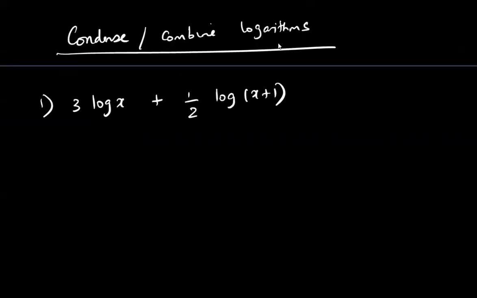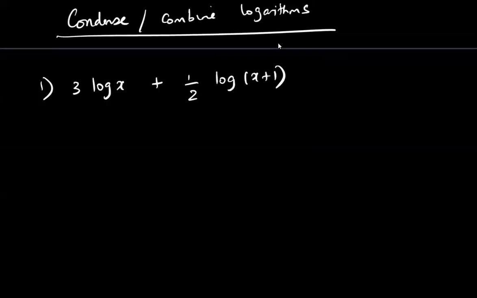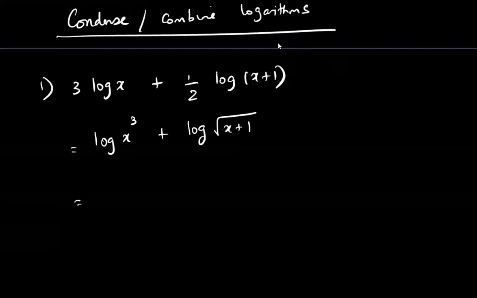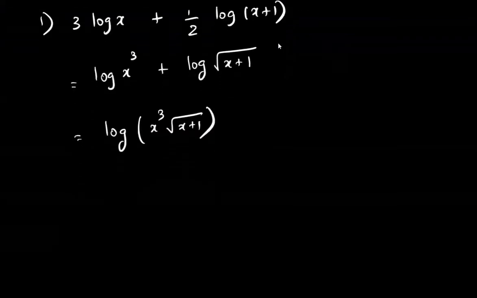So I do my steps in reverse. First, I take the coefficient and put it as a power, because x plus 1 to the power of 1/2 is the square root of x plus 1. Then I can combine the sum into a product. And this will be the final answer in the one single log format.